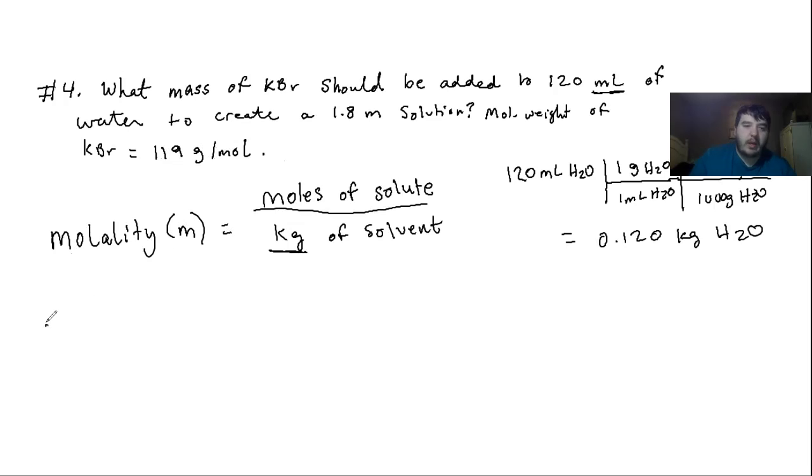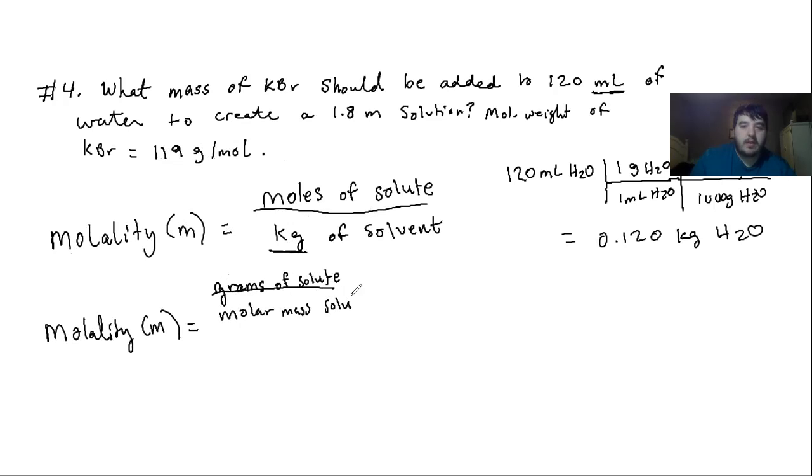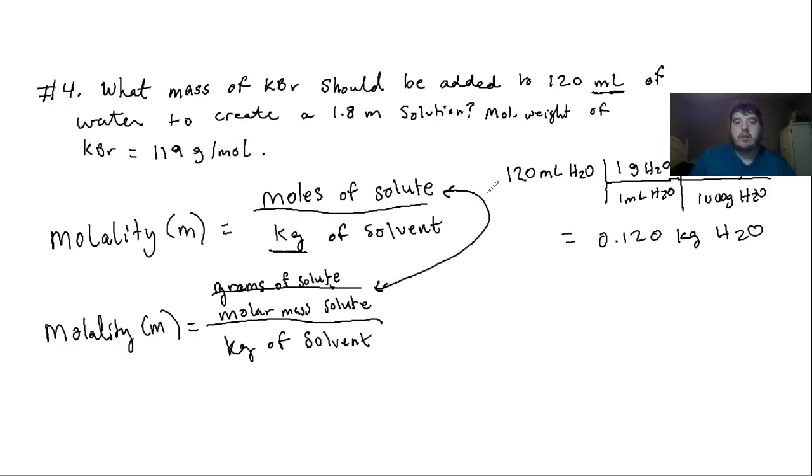So couldn't I say that, instead of writing moles of solute, moles of solute is simply the grams of solute divided by the molar mass, all over the kilograms of solvent? This is essentially the same thing. Grams of solute divided by molar mass of solute gives us our moles of solute. We know this from determining how to calculate moles.